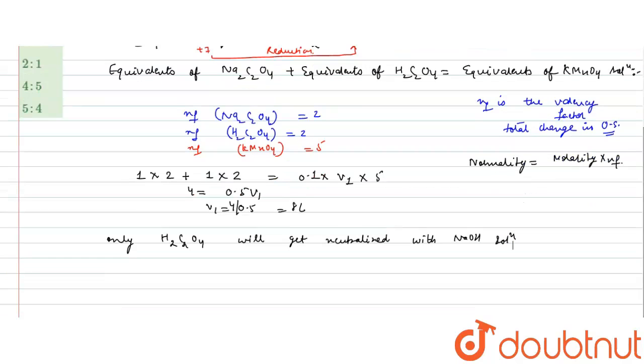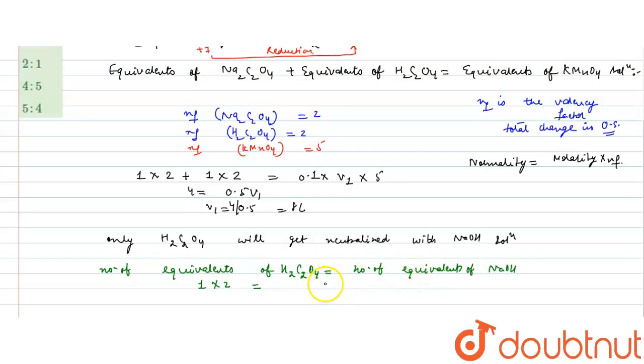So the number of equivalents of H2C2O4 will be equal to the number of equivalents of NaOH solution. The number of equivalents of H2C2O4 we have calculated above also, as its number of mole is 1 and valency factor is 2, and the number of equivalents of NaOH can be calculated as molarity into volume into n factor.